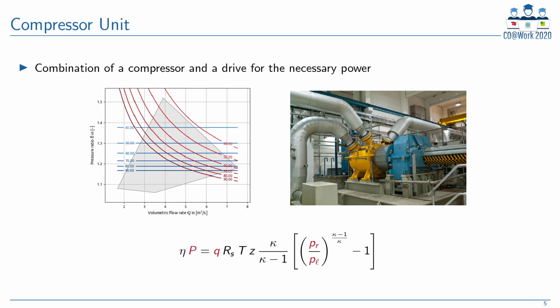This maximum power value, together with a given non-convex function describing the power needed for compressing at a single specific point of operation of ingoing pressure, outgoing pressure, and mass flow, can be transformed into the corresponding red lines displayed in the diagram. The transformation of this description of the feasible region of a compressor unit into the quantities we consider, which are pressure and mass flow, will be part of the exercise session for today's block of videos.